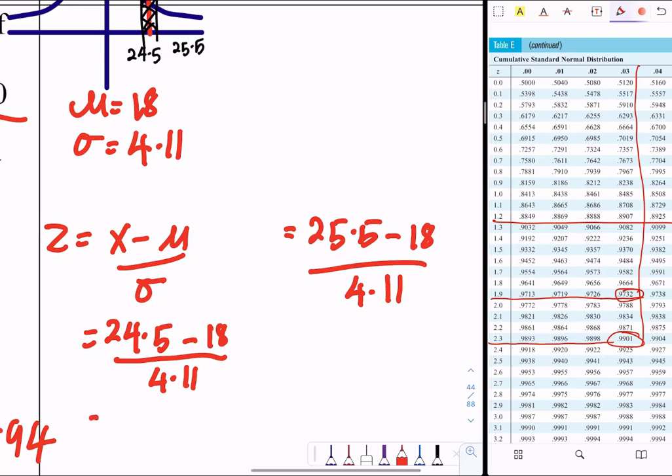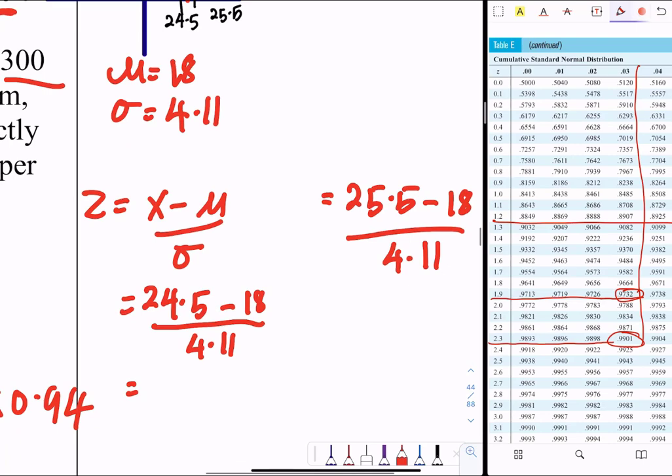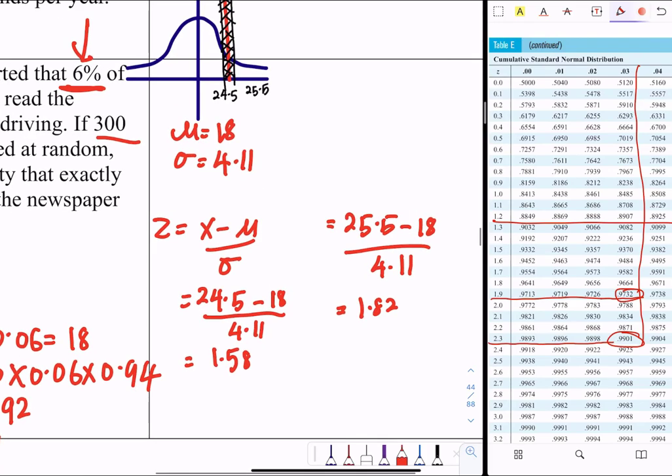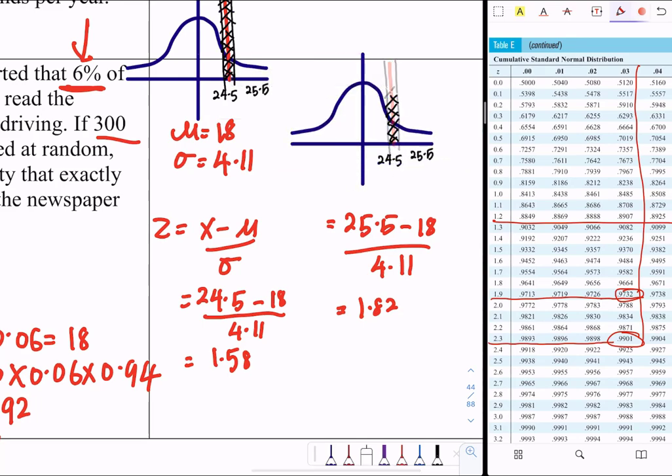Then for this one we get 1.58, and for this one we get 1.82 for the area. After we have this area, I will erase this.